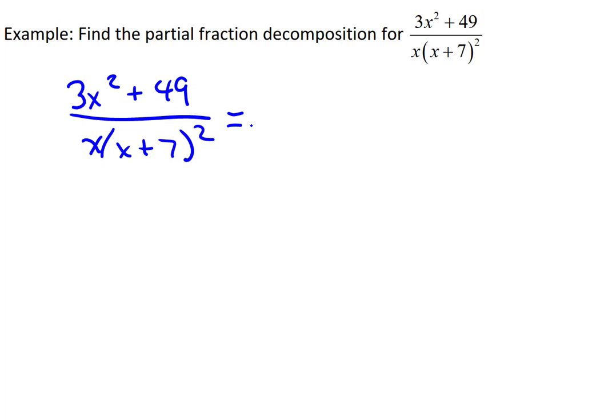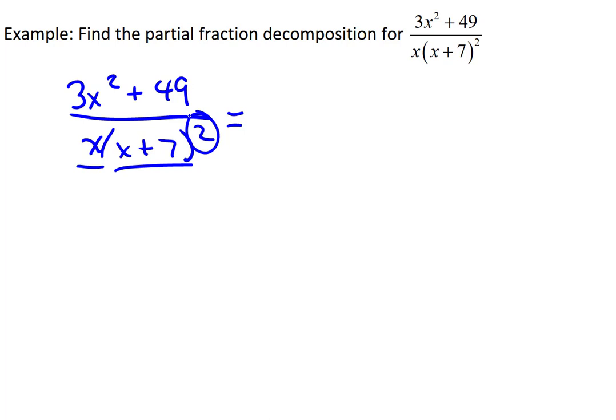Now this is where the whole repeated thing is going to show up. One important question to consider to understand what's going on here would be, how many factors are in this denominator? Now that can be somewhat of a tricky question, because it depends how you count them, right? The x that's in front of the parentheses counts as a factor. Notice that's a linear factor, but it's just a single x. Now notice the next factor is the x plus 7, but notice that it's squared.